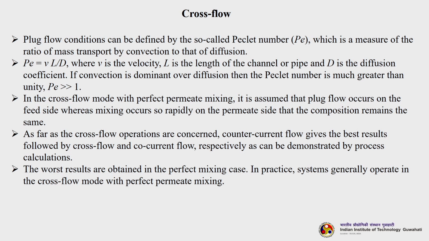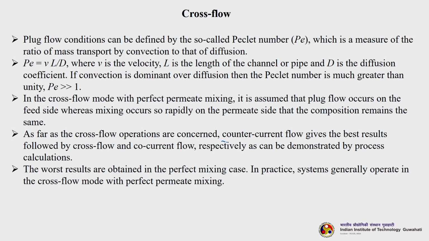If convection is dominant over diffusion, then Peclet number is much greater than unity. So, it is much higher than 1, and in cross flow mode with perfect permeate mixing, it is assumed that plug flow occurs on the feed side, whereas mixing occurs so rapidly at the permeate side that composition remains the same, since we are agitating both the feed and the permeate.